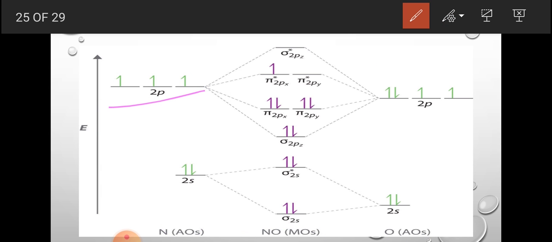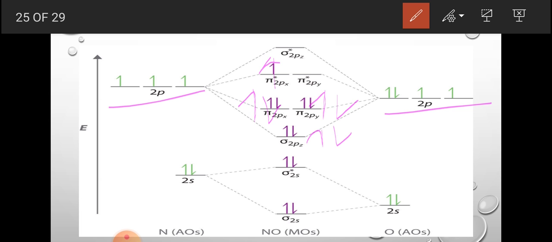So first, both electrons will go in sigma 2pz. Then pi 2px and pi 2py, one here, one here. First we will fill singly, then we will pair them. Okay, 2, 4, 6, and 1 will go to pi star 2px.